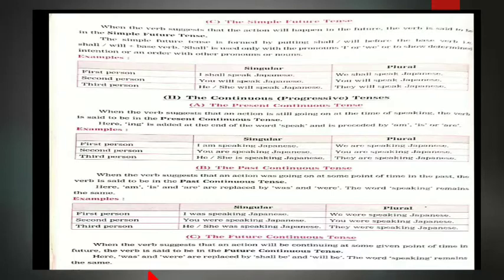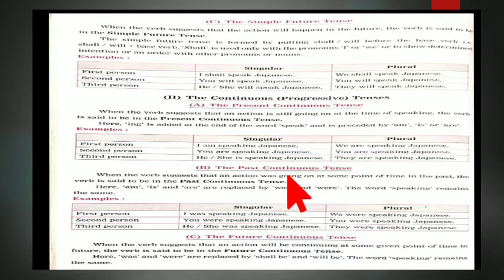Now coming to the future continuous tense. When the verb suggests that an action will be continuing at some given point of time in the future, the verb is said to be in the future continuous tense. As explained earlier, in the present continuous tense we have am, is or are according to the singular or plural form, where ing is added to the verb.